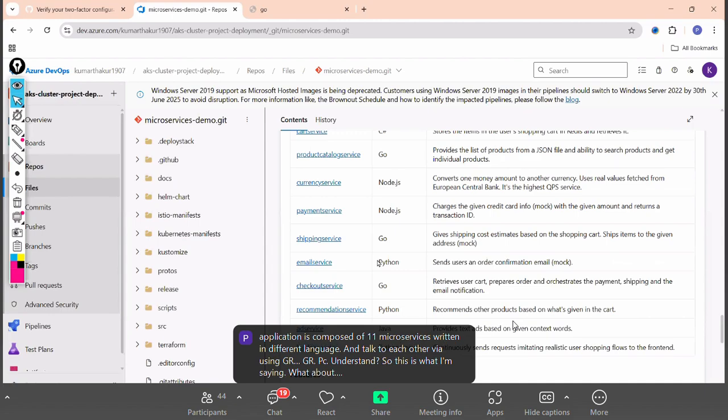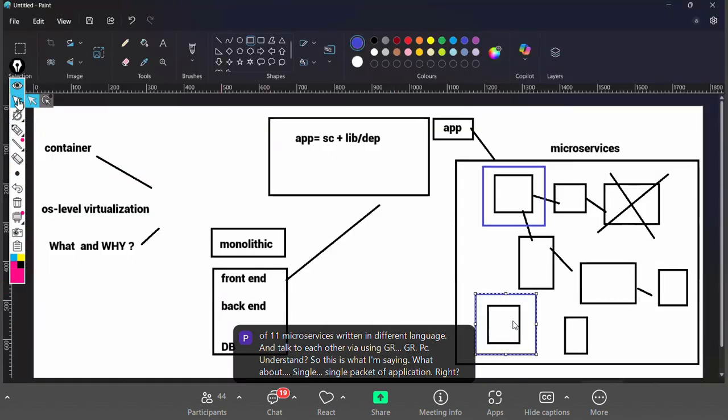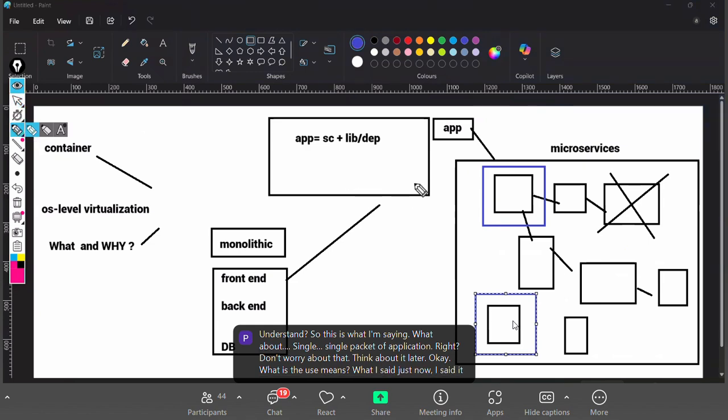What about a single packet of application? Don't worry about that, think about it. What I said just now is that it will provide you a single packet of application.